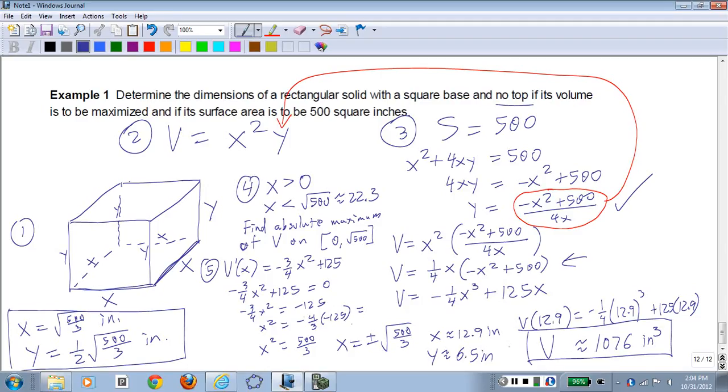There are a couple ways I know that's a maximum and not a minimum. A relative maximum instead of a relative minimum. I could apply the first derivative test and evaluate the first derivative a little bit less than 12.9, a little bit greater than 12.9. Or I could take one more derivative and apply the second derivative test.